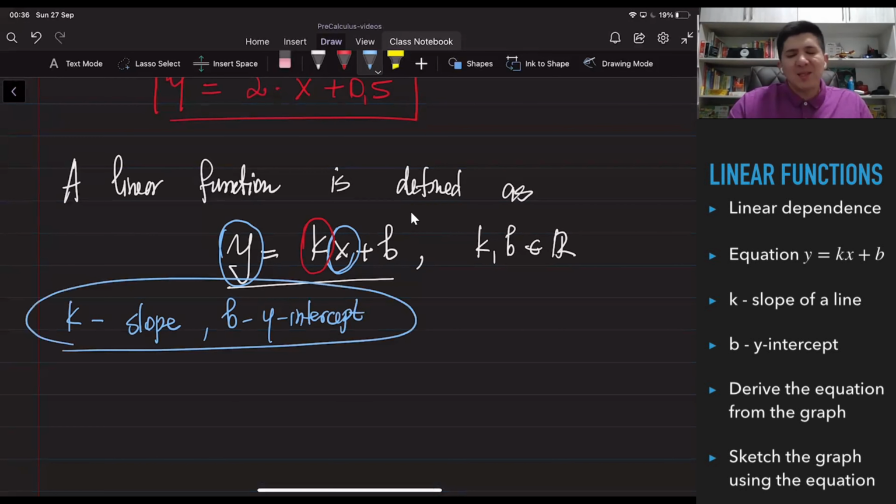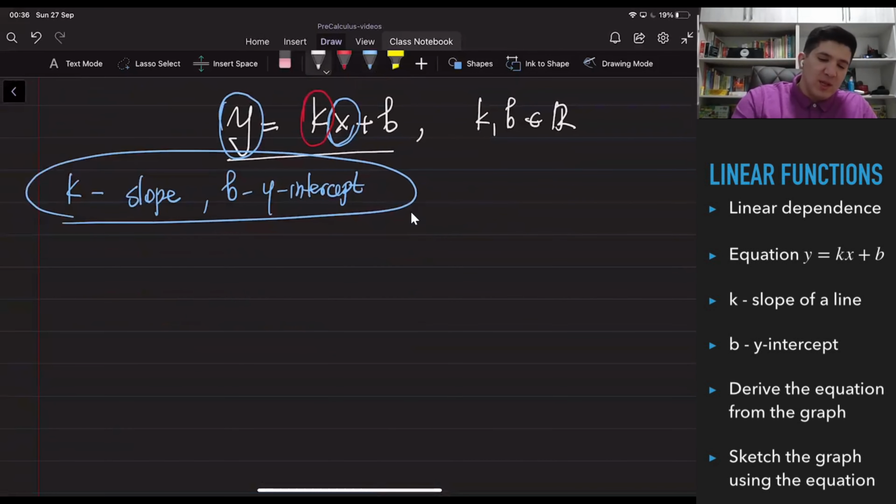So it is about the graph of the linear function. What I would like to try to do now is to draw the linear function. You may guess that any linear function is a line.